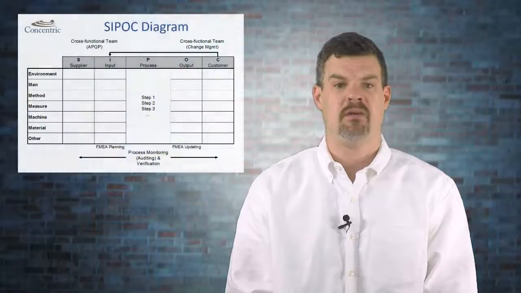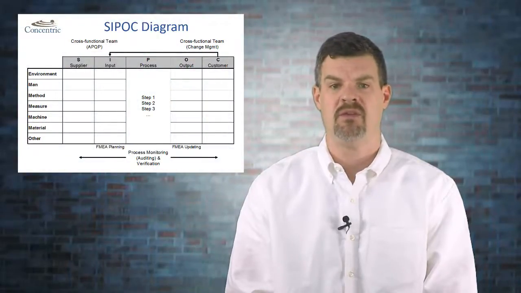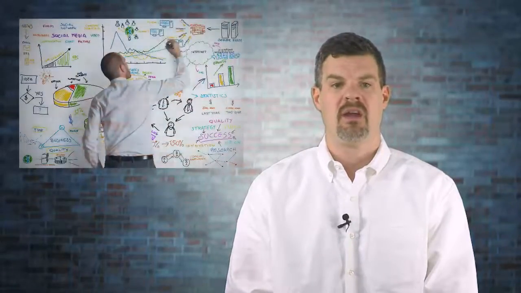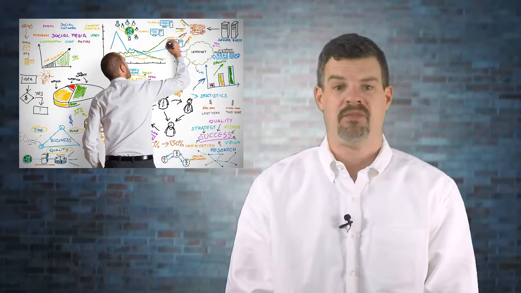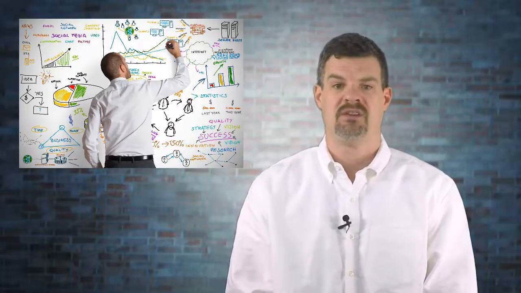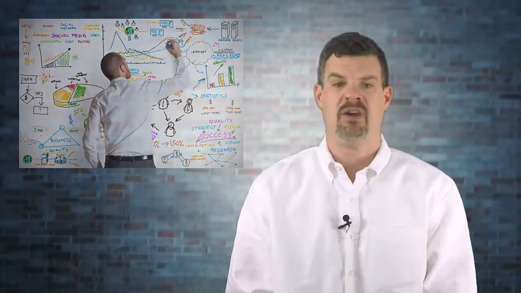Number 2, what other tools can be used? SIPOC diagrams can be used. Different character illustrations can be used. I've seen whiteboard character animation created to help to define the story of an organization, where it is and where it wants to be and how it measures itself. For me, that's a little bit too complex for most of our customers, hence the use of a turtle diagram or SIPOC diagram.